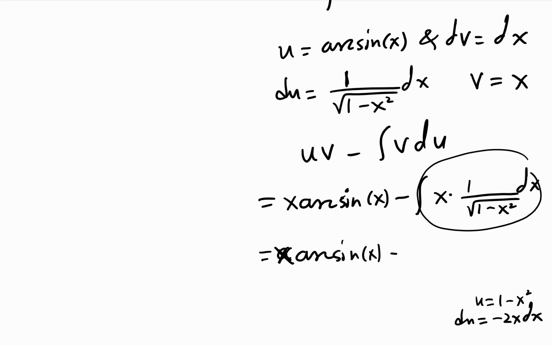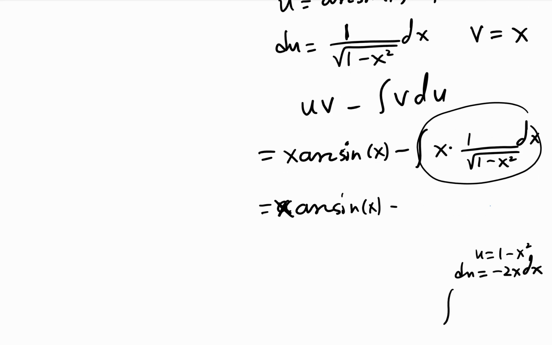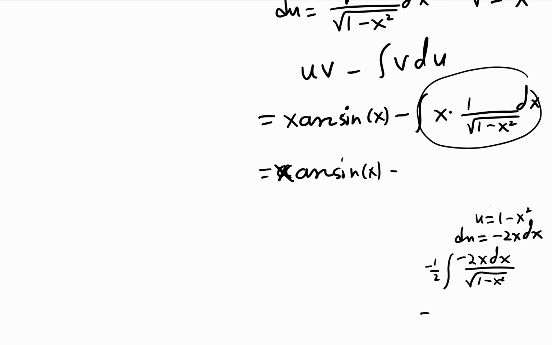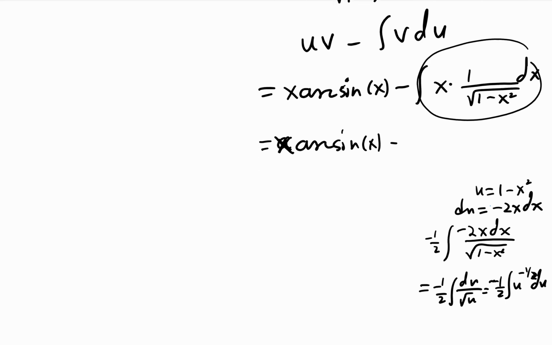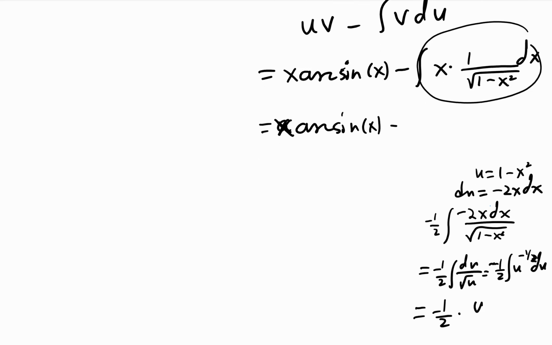So on the top I need a negative 2, so I multiply the bottom by negative 1/2: negative 1/2 du over the square root of u, which is negative 1/2 u to the negative 1/2 du. Then negative 1/2 u to the 1/2 over 1/2, these cancel, giving negative square root of u. With the negative sign in front, that would be positive square root of u, which is the square root of 1 minus x squared. So that goes up there.